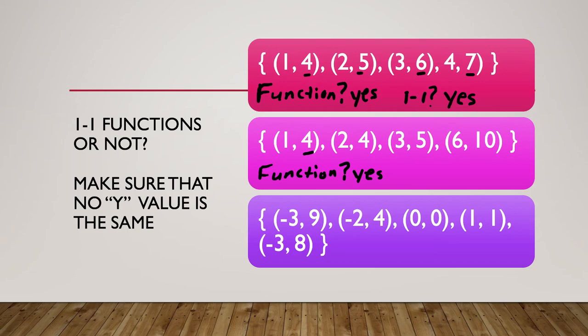We have 4, 4, 5, and 10. So this is not a one-to-one function because we have a duplication of these 4s. And again, we don't necessarily need to check the third one because we already know that it's not a function, so therefore it can't be a one-to-one function.